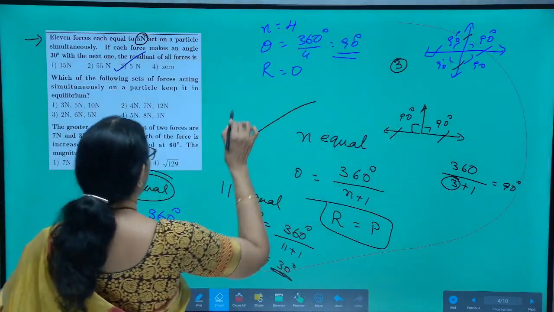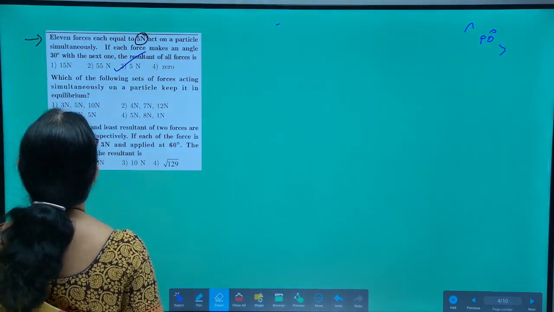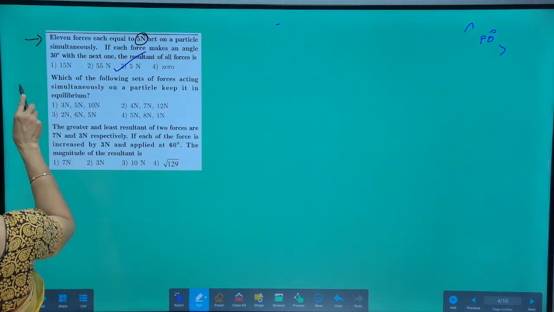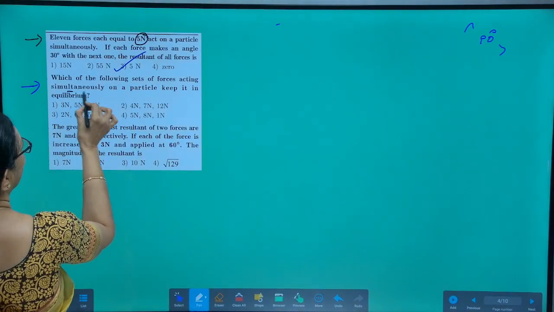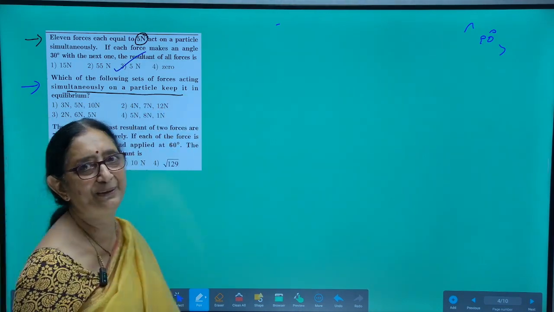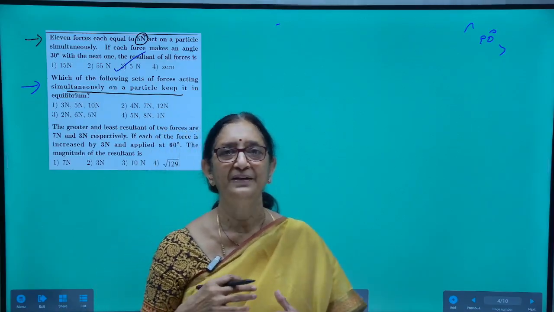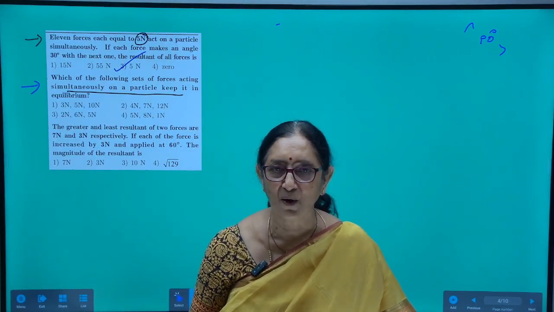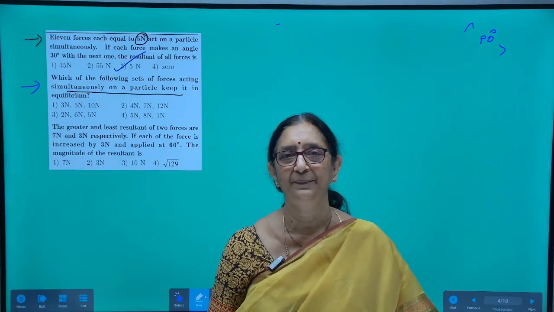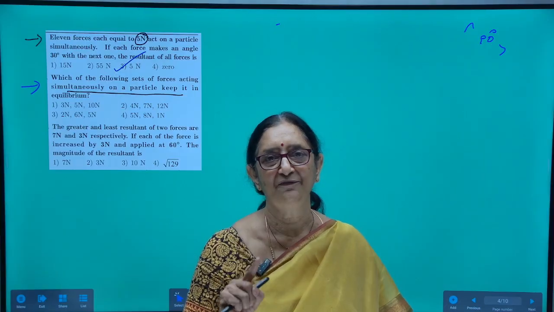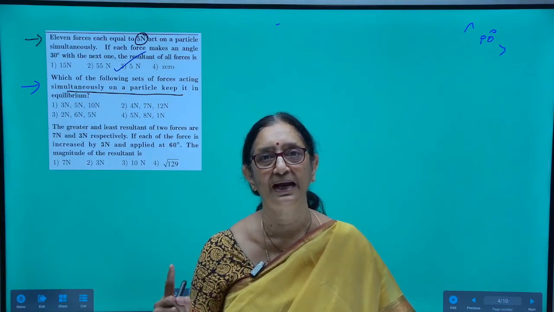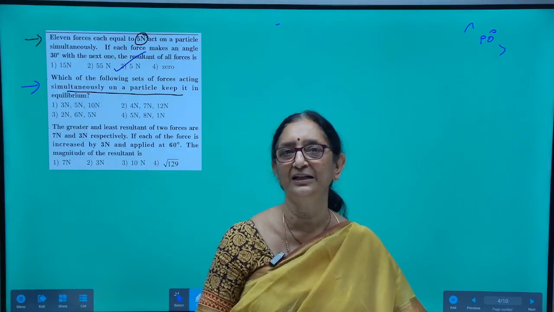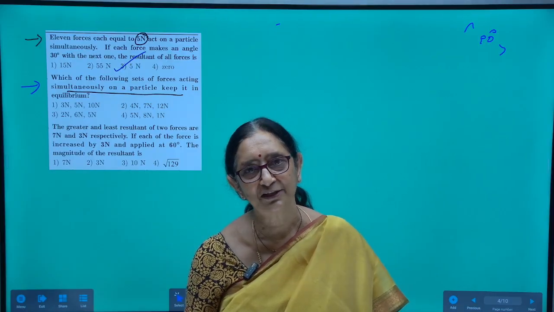Okay, let us go to the next problem. Which of the following sets of forces acting simultaneously on a particle keep it in equilibrium? If a number of forces simultaneously acting on a point keep it in equilibrium, then each force must be the equilibrant of the others. Equilibrant has the same magnitude as the resultant and its direction is opposite.